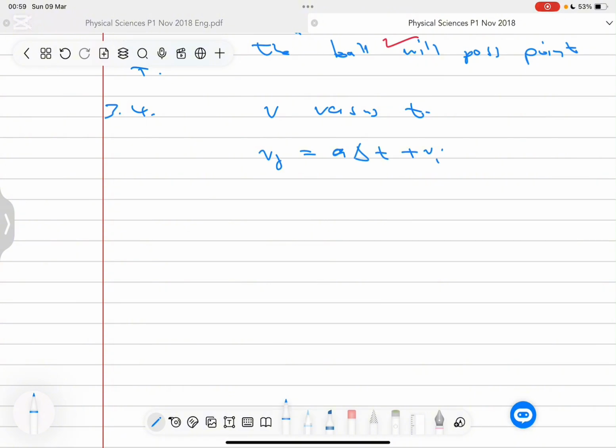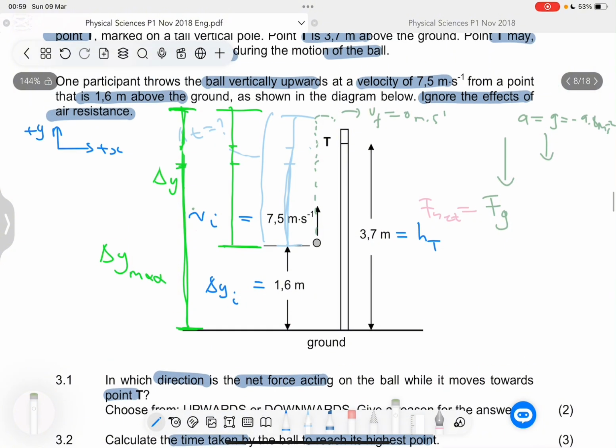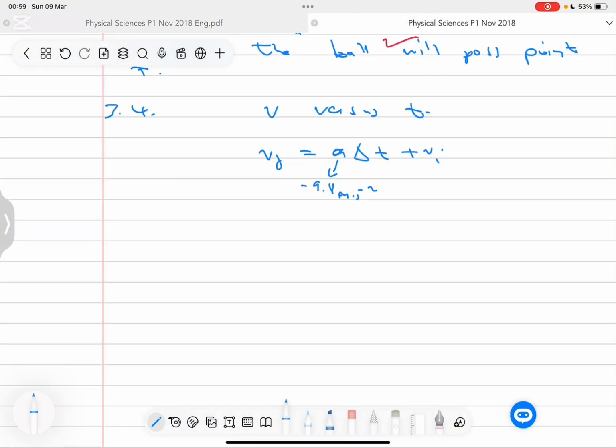Now here our gradient is given by negative 9.8 because we chose up as positive, and our projectile actually has that negative 9.8 here. Also our y-intercept, the initial velocity, is 7.5 meters per second, and it's positive because it goes upwards.